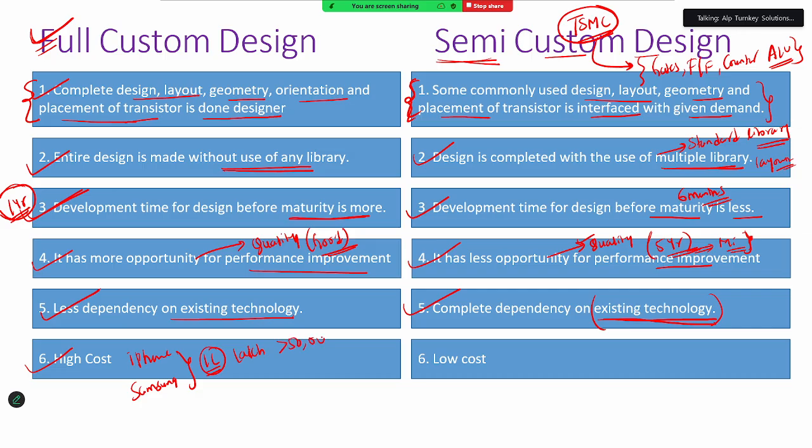Semi custom is low cost, like Mi, Vivo, Oppo, Realme, all Chinese phones. The cost is less than one third of the full custom design. Within 30,000, you can get all the features you need.